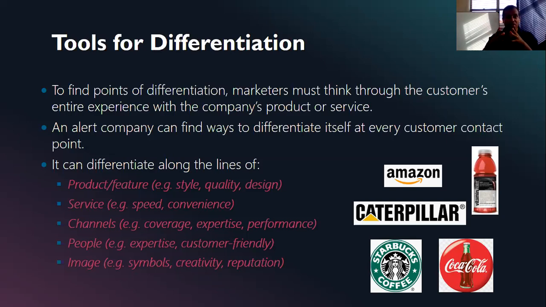The second one is for services, like speed and convenience. What do you think? How has Amazon differentiated themselves? Yes, their services are speedy and convenient. What about the third one, the channel of distribution? If you go through a firm like Caterpillar, who are in earth moving equipment, big transformers and electrical goods, they have a lot of expertise.